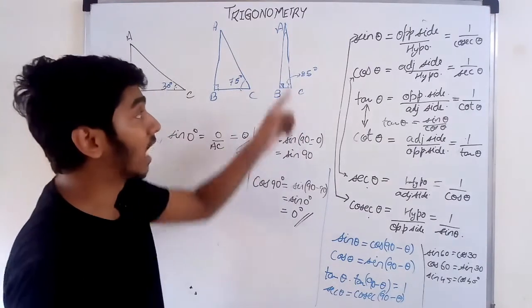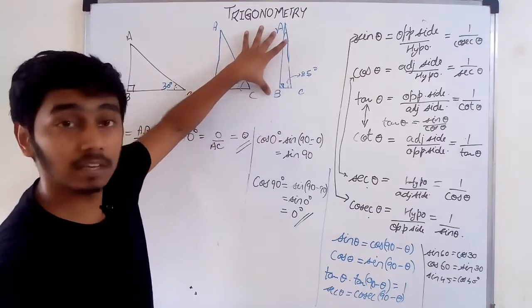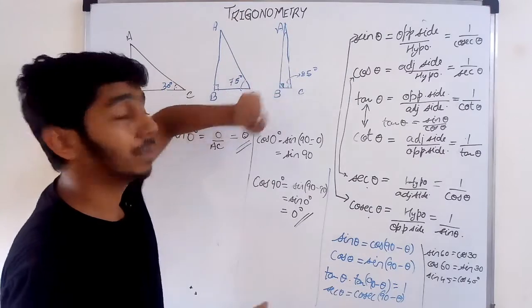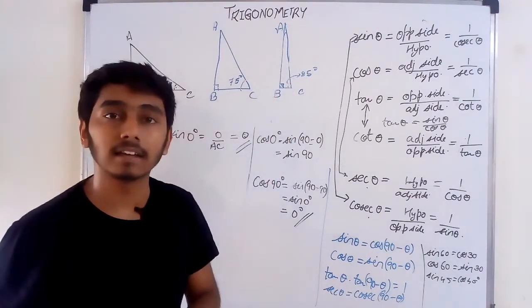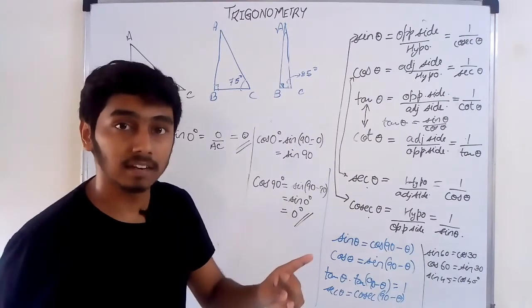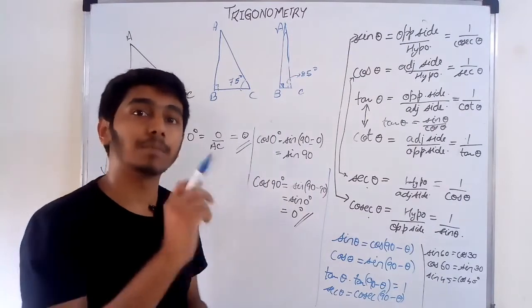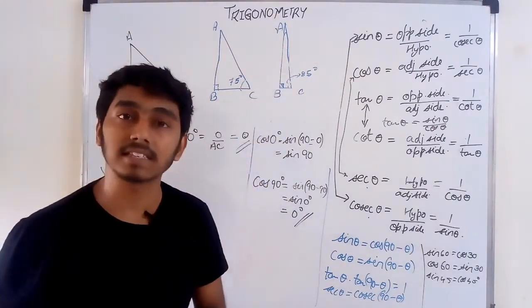That means AB will be the hypotenuse, and also AC will be the hypotenuse. Why? Because both are 90 degrees, and in a triangle if both are 90 degrees, both become hypotenuse, and the hypotenuse is the same. That means AB will become the same as AC.